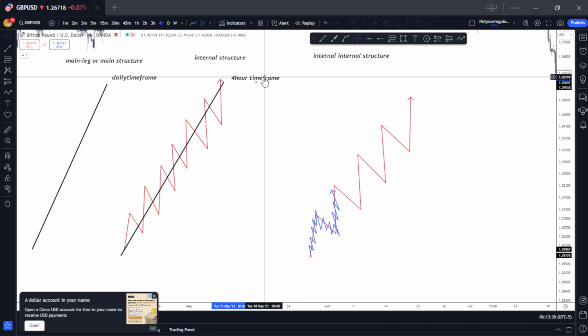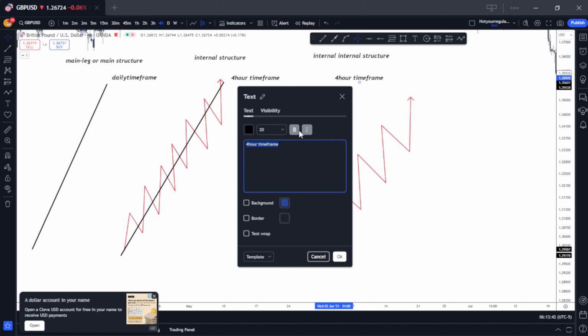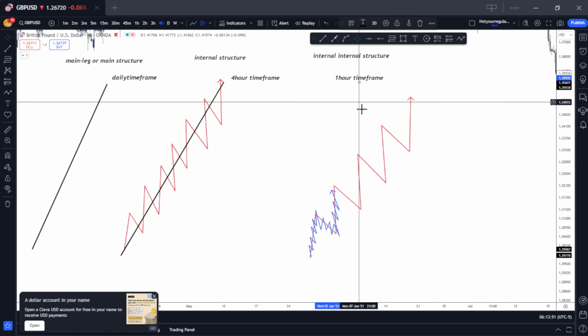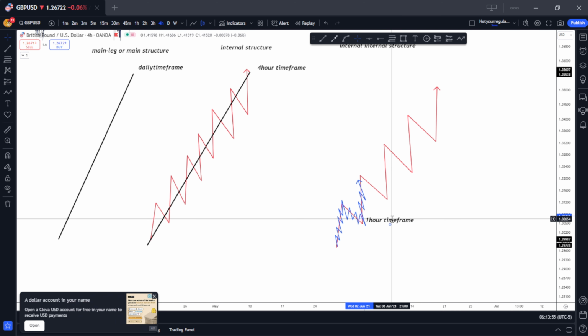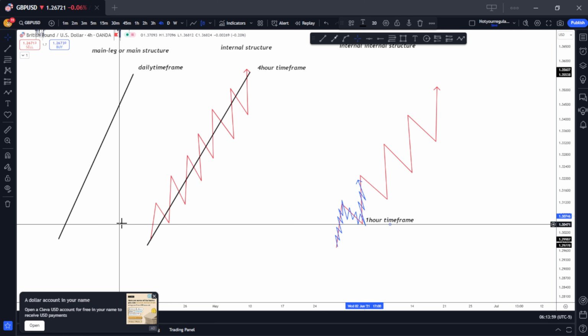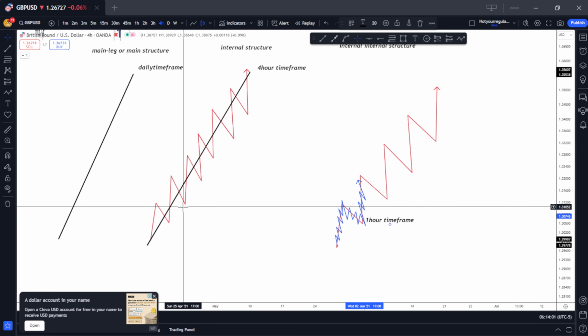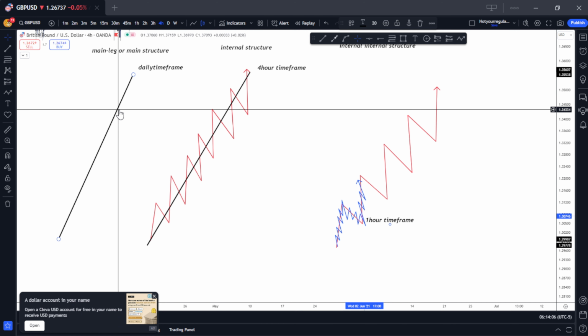Then this internal can be our 1 hour time frame. This internal right here, this blue, can be our 1 hour time frame. This internal is what forms this 4 hour structure. Then this 4 hour structure is what forms our daily time frame main leg.